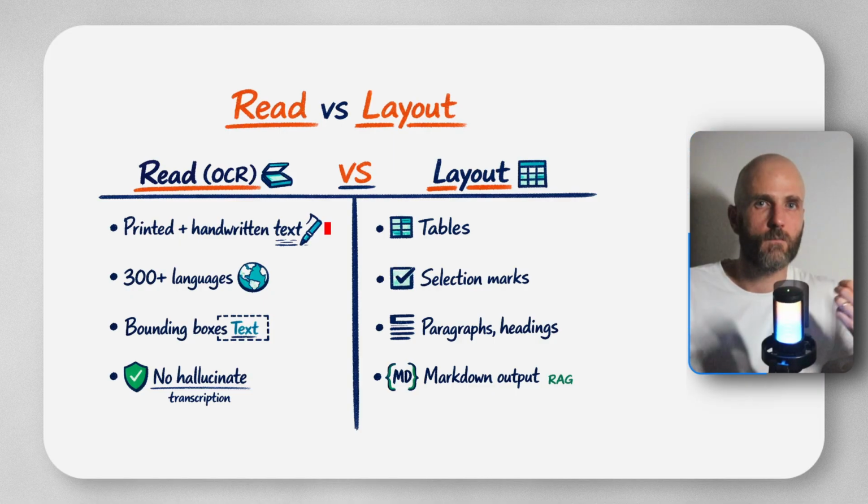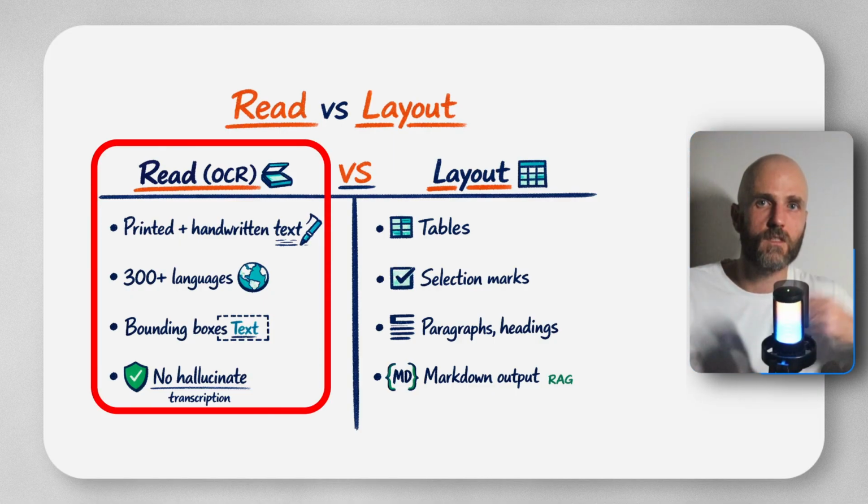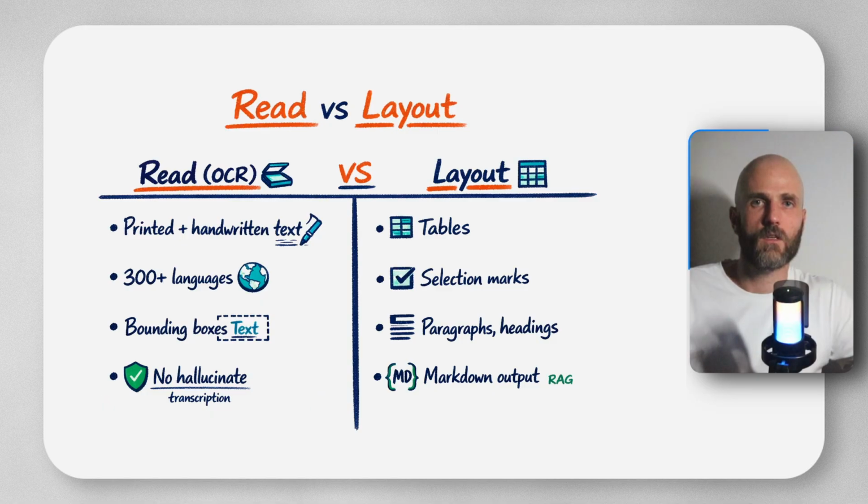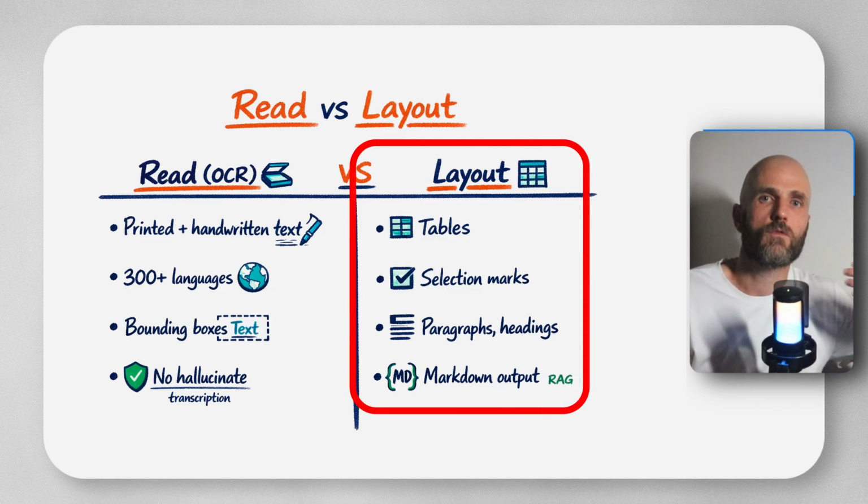Read is OCR. It extracts printed and handwritten text, and at the time of this recording, it supports 300 plus languages and gives me things like bounding boxes, so I know where the text was, and it doesn't hallucinate. It's transcription, not best-guess content. Layout goes beyond that.